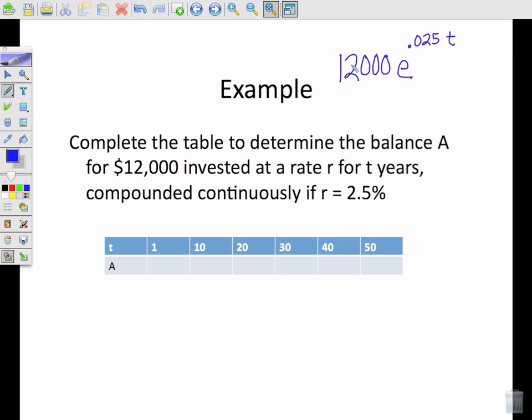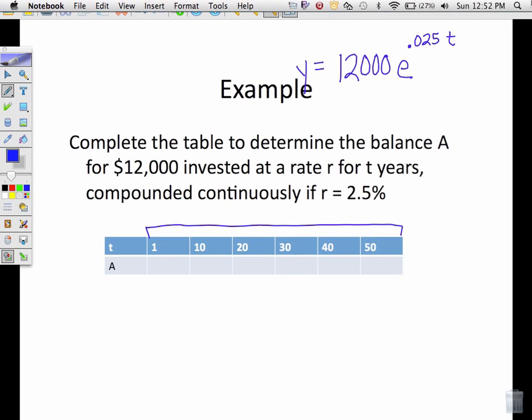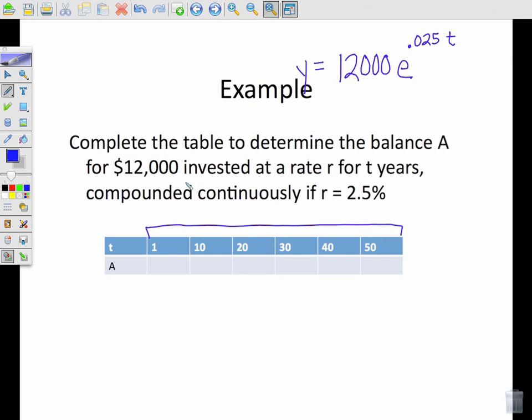If you would like to graph this in the calculator, set your domain starting from 0 to at least past 50, and then you can use your table feature. I want you to evaluate this and see how much the account will have. Go ahead and pause the video, and I will come back and show you what the results are. You're just going to substitute each of these years, 1, 10, 20, into your variable T.